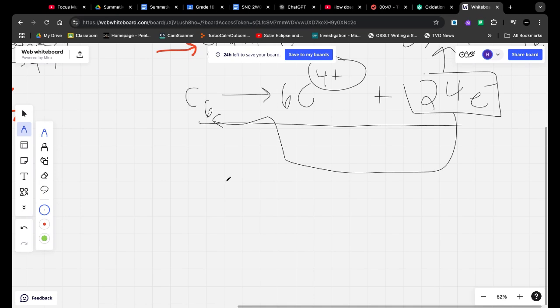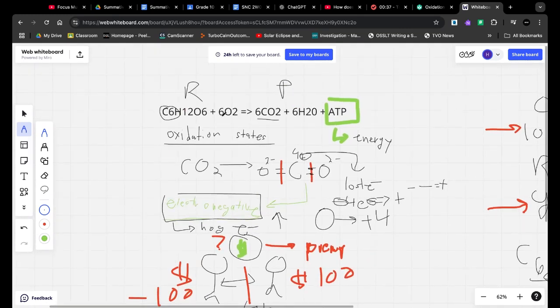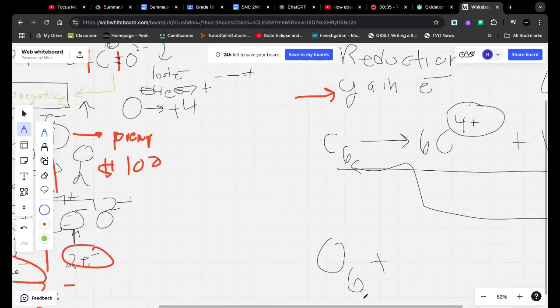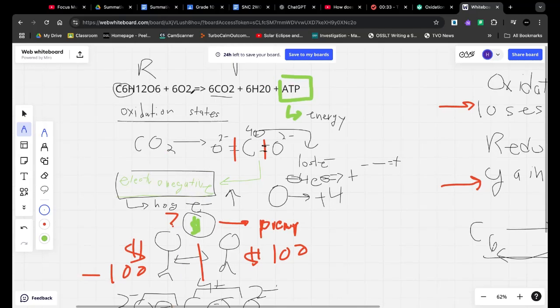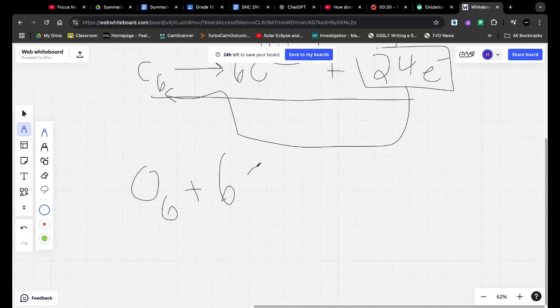Now the reduction happens with the oxygen. So you have oxygen as 6O2, which is coming from the glucose side, and then another form of oxygen, coming from the other part.